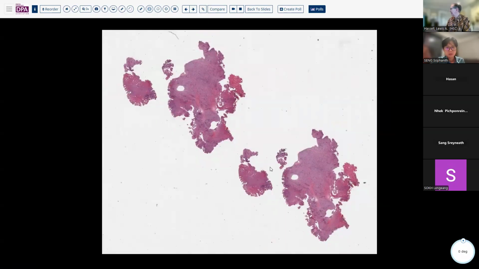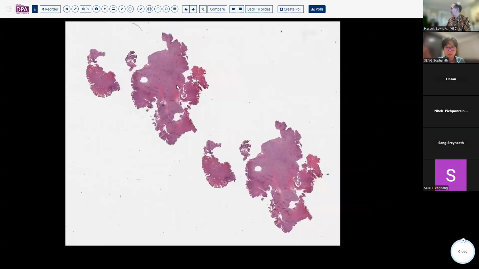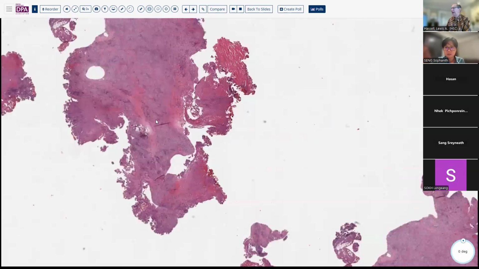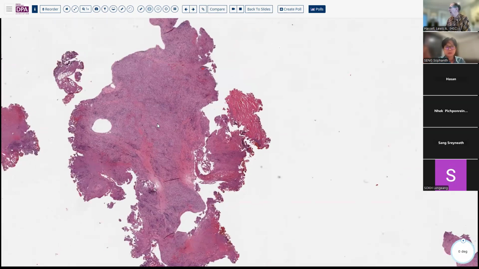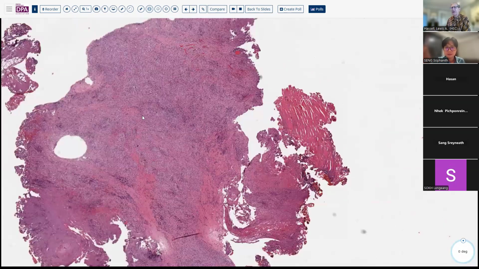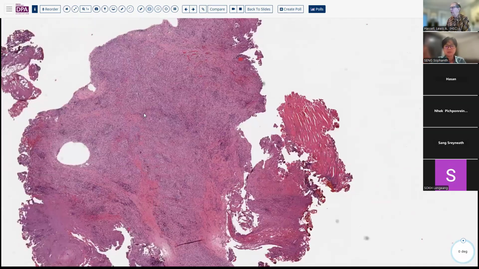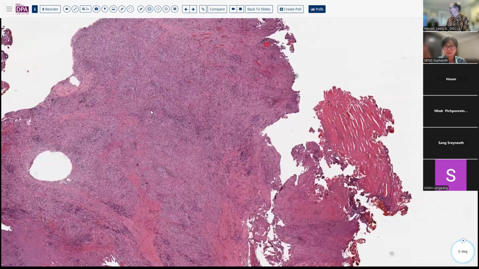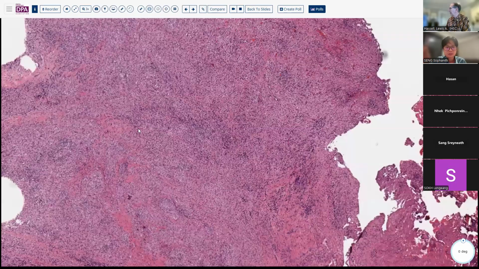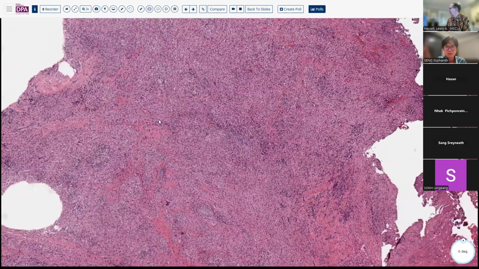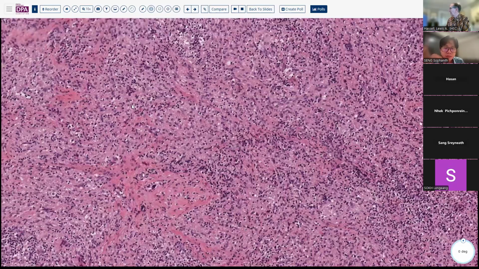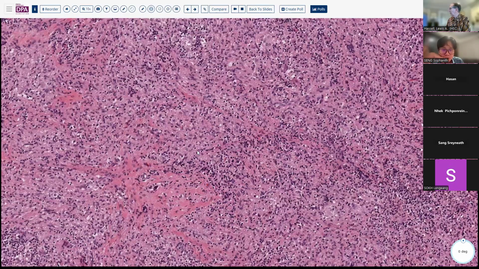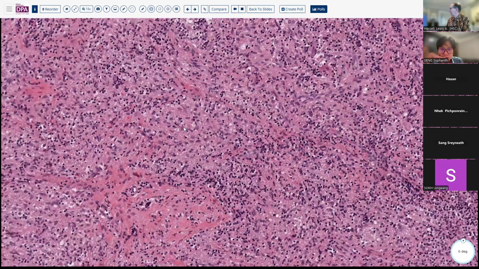This is, as you can see, sort of a fragmented biopsy here of an apparent mediastinal mass with ill-defined borders, and perhaps, if you're doing PET scanning, some increased avidity to the tracer. As we come into higher magnification here, you can see that it's not an epithelial structure, but rather what we're seeing is a predominance of maybe histiocytoid cells, with moderate to abundant eosinophilic cytoplasm.